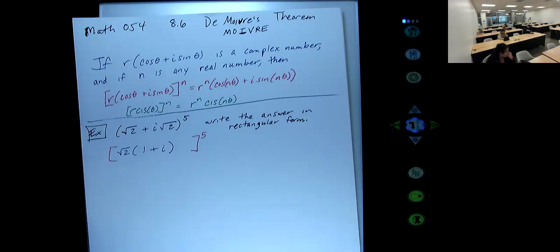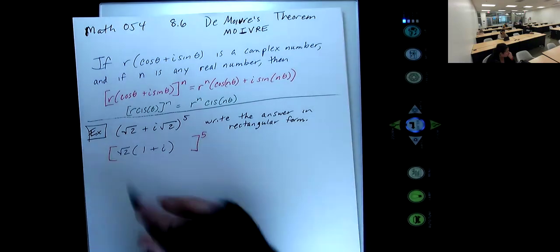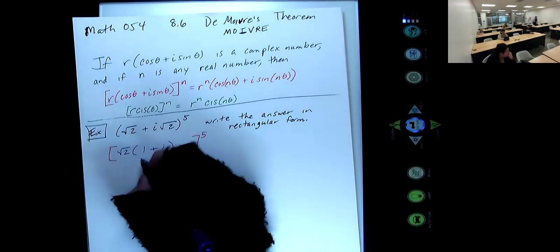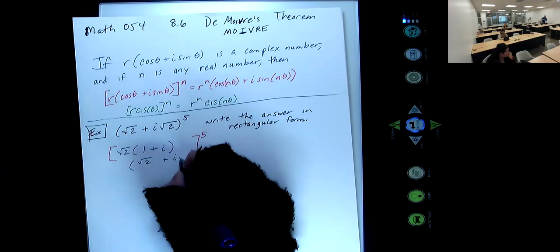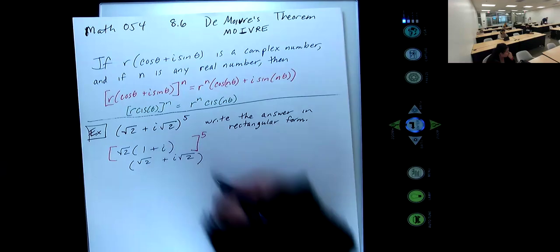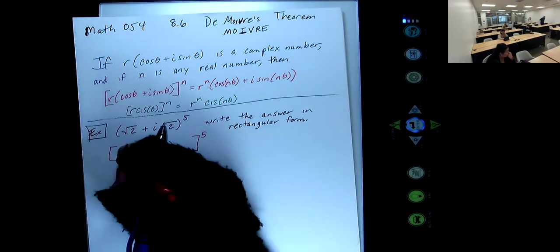What kind of angle is that making? Is that really helpful as it is? It might be easier to leave the root two in and do something like this. I need that fifth power there.